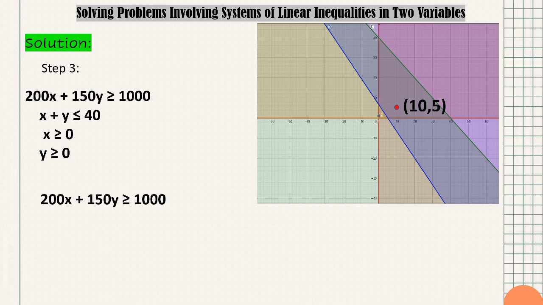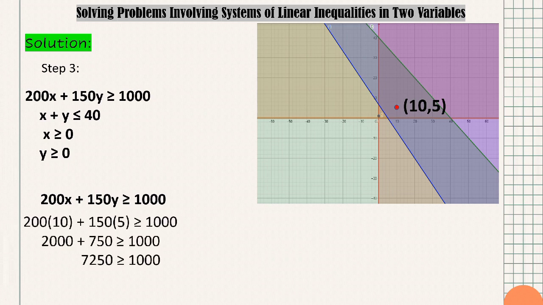For 200x plus 150y is greater than or equal to 1,000, we will have 200 multiplied by 10 plus 150 multiplied by 5 is greater than or equal to 1,000. And the result is 2,750 is greater than or equal to 1,000. And the statement is true.